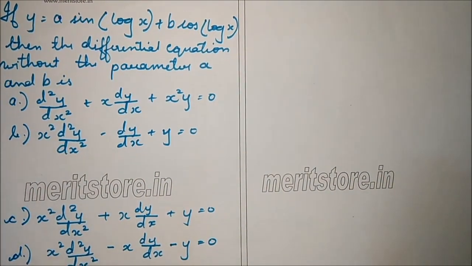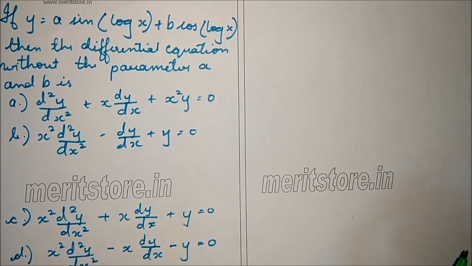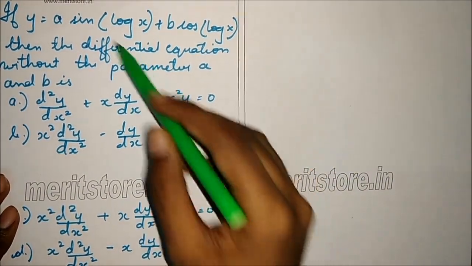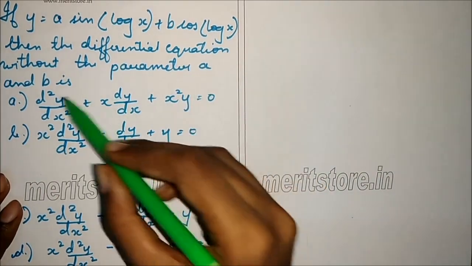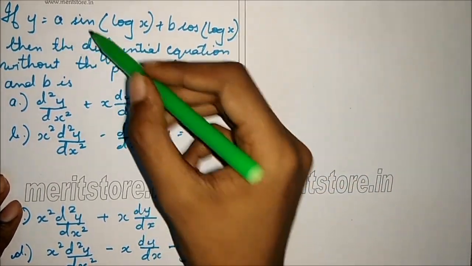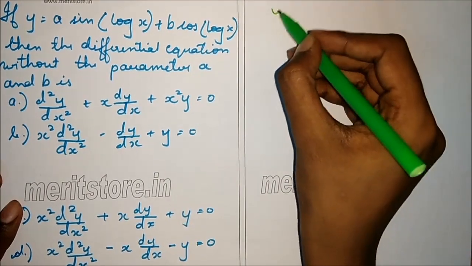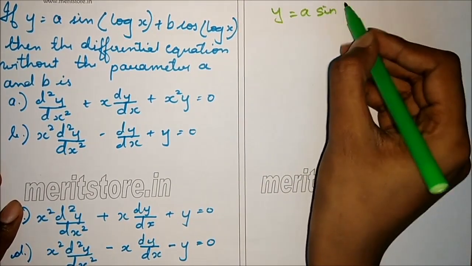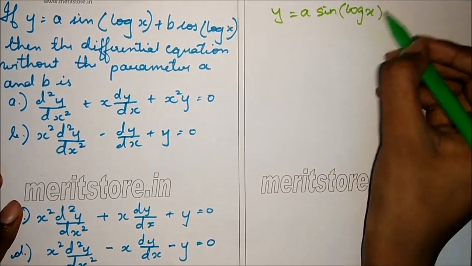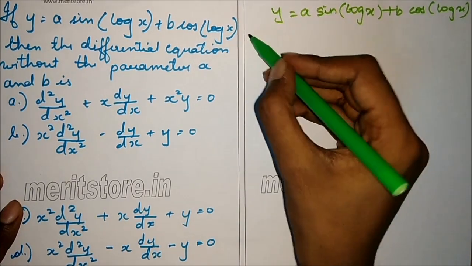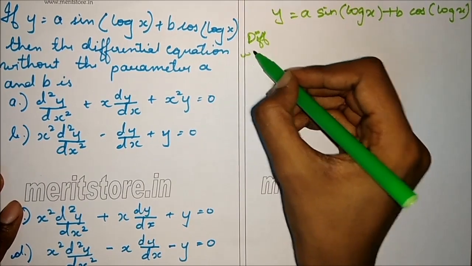If y equals a sin log x plus b cos log x, then what is the differential equation of this solution without parameters a and b? So what we are supposed to do is remove a and b and form a differential equation. So given is y equals a sin log x plus b cos log x. So first step is always differentiating with respect to x.